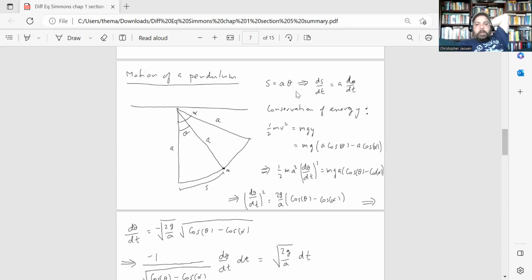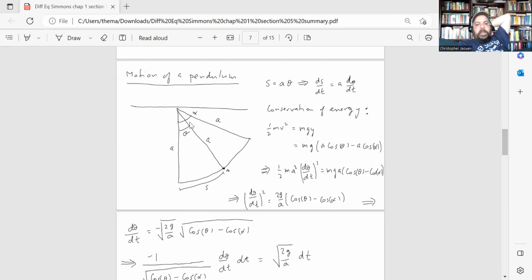So in order to do that, again, we use conservation of energy. So 1/2 mv squared equals mgy, for the same reason as in the previous problem. We replace v with a d theta dt, because if you look at the picture, if this is the arc length, then s is a theta.